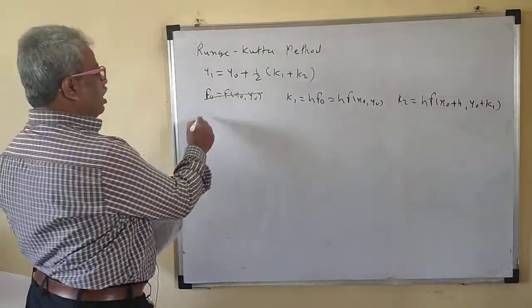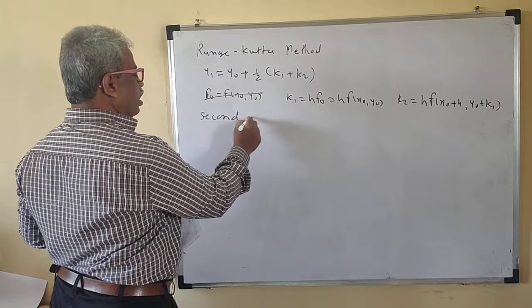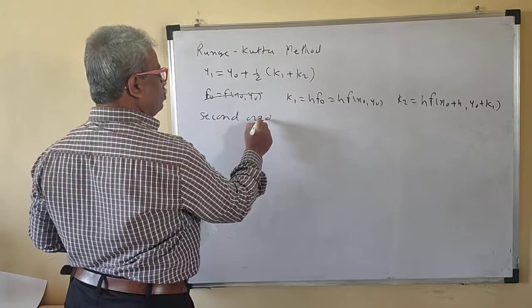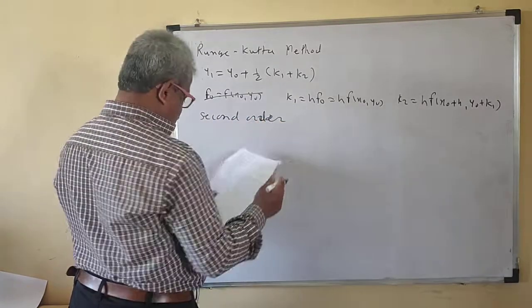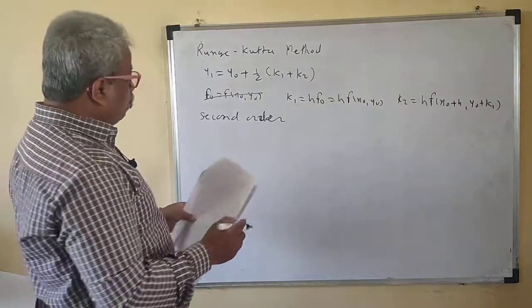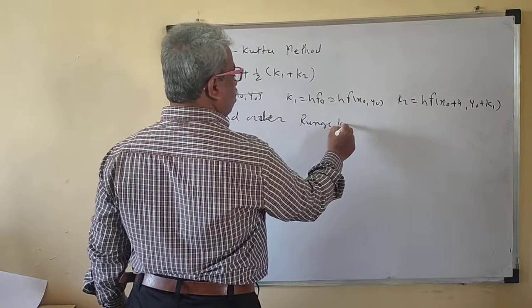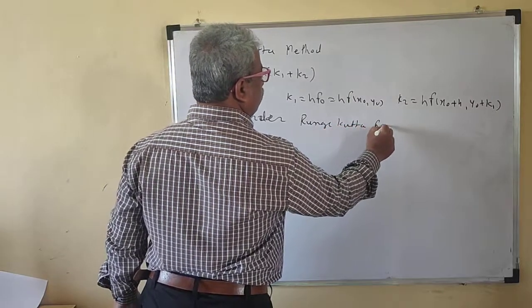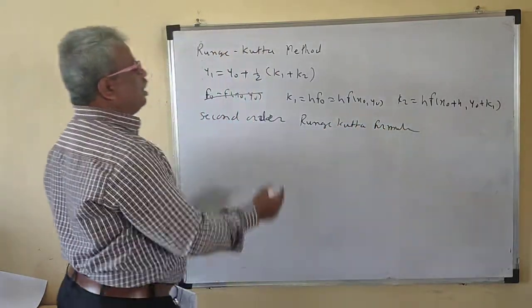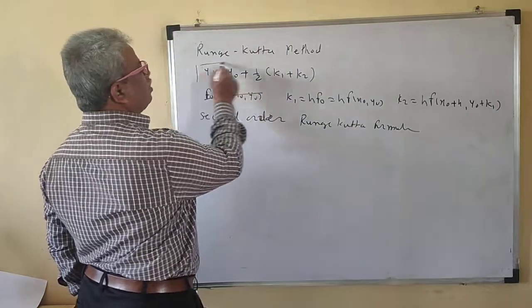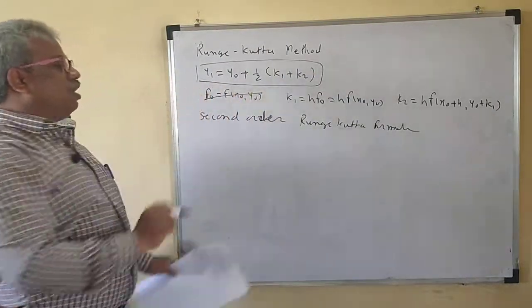This is the second order Runge-Kutta formula. Remember this and remember the values of k1 and k2.